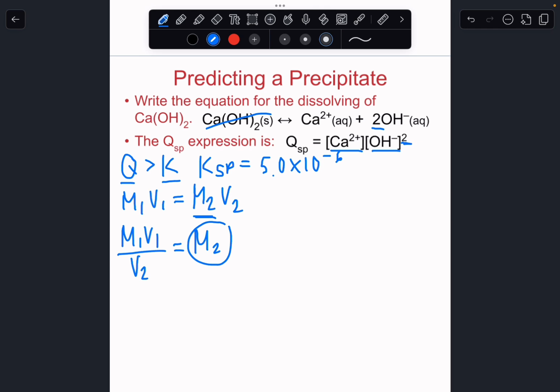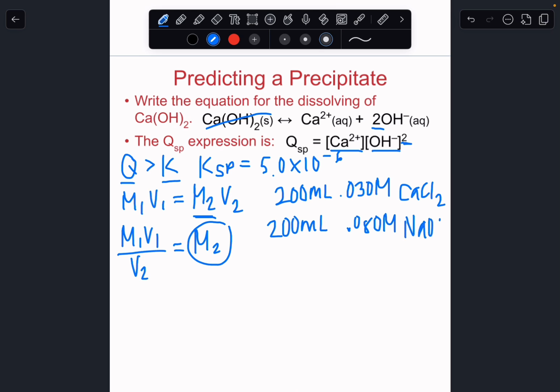So you're originally given that you have 200 milliliters of 0.030 molar of CaCl2, and you're originally given 200 milliliters of 0.080 molar of NaOH.